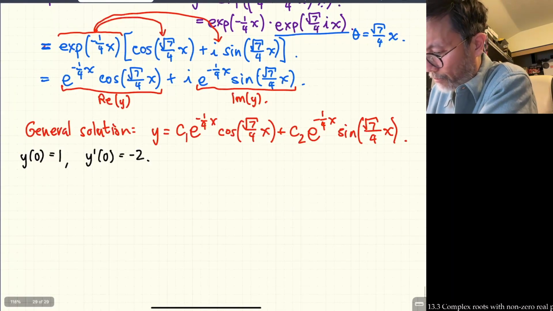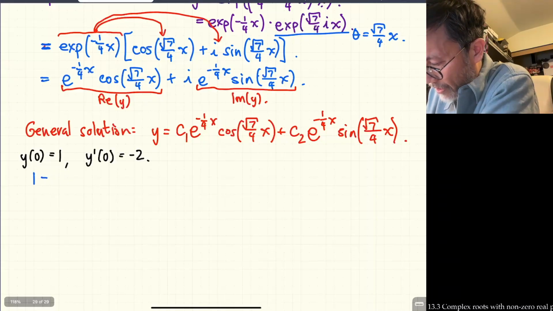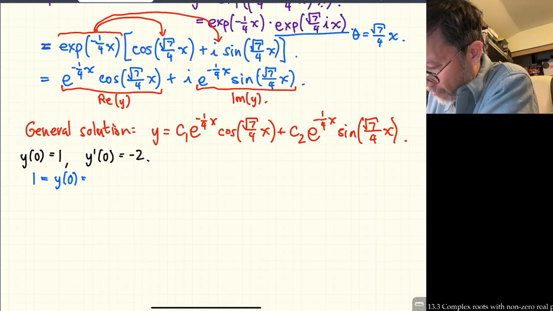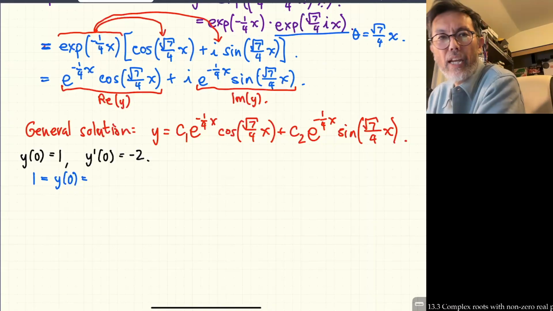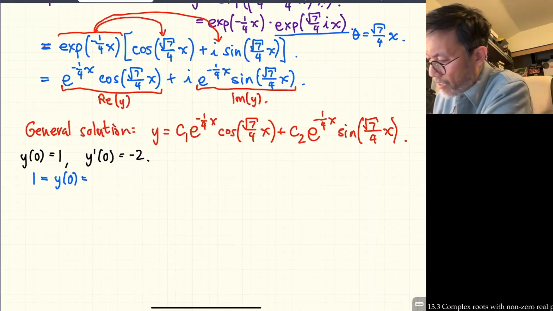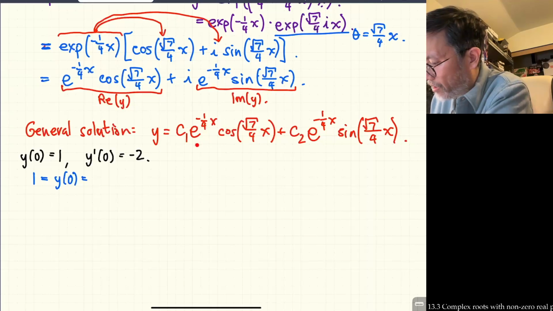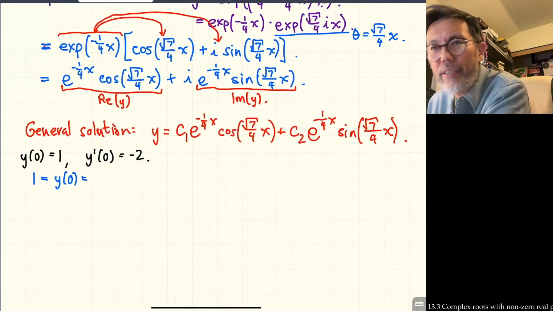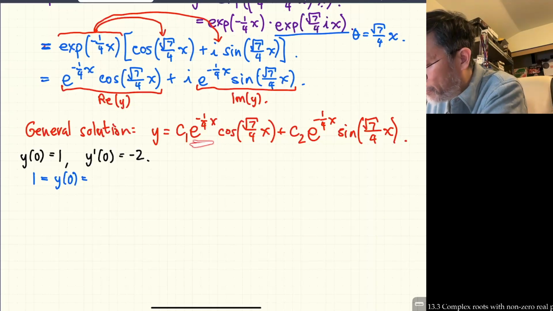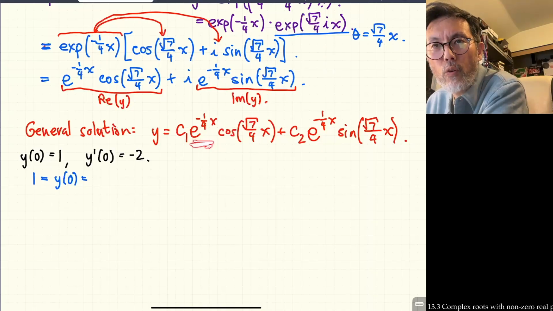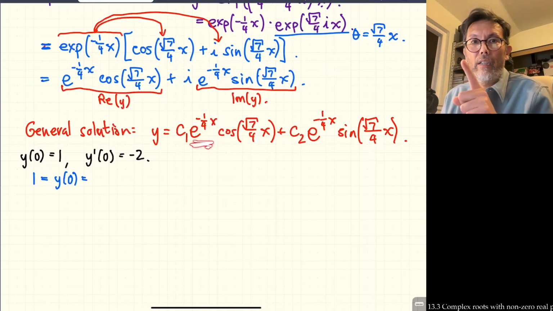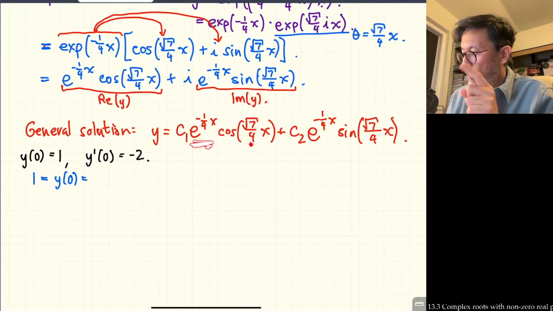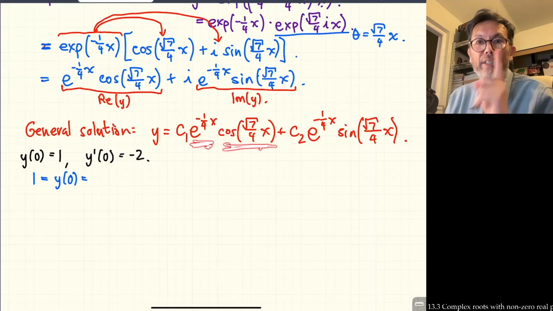Let's do this in blue. So 1 is equal to y of 0, right? And if I stick 0 into here, notice, I'm just going to say it instead of trying to write it all out, because it's a lot to write. Notice that this term here, this e to the negative 1/4 x, becomes 1. E to the 0 is 1. This term here also is 1. Okay, neat.